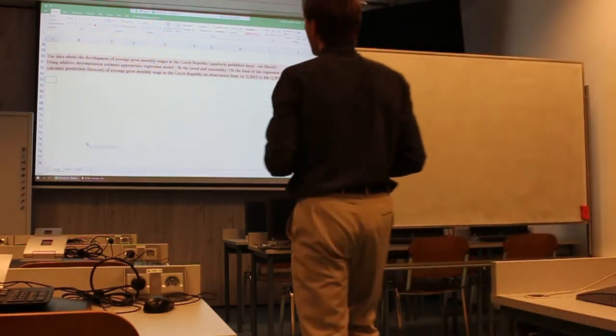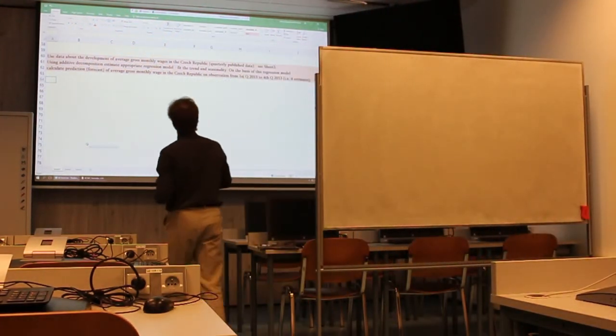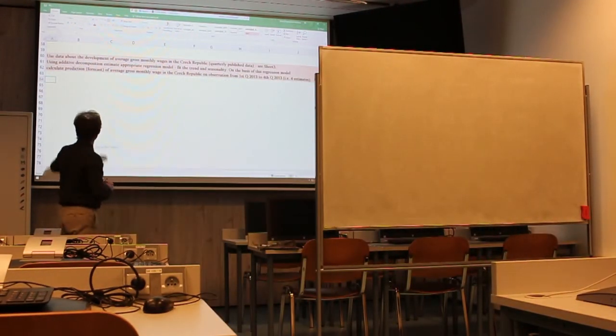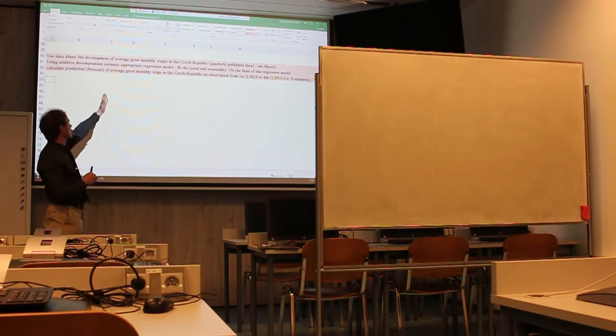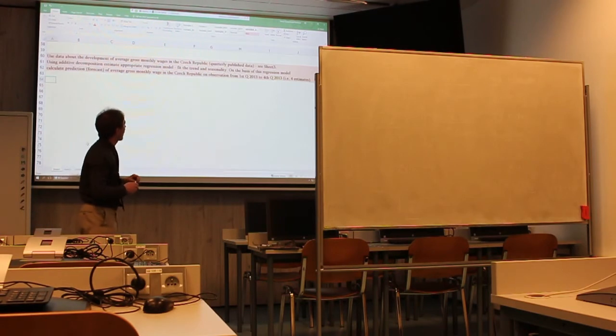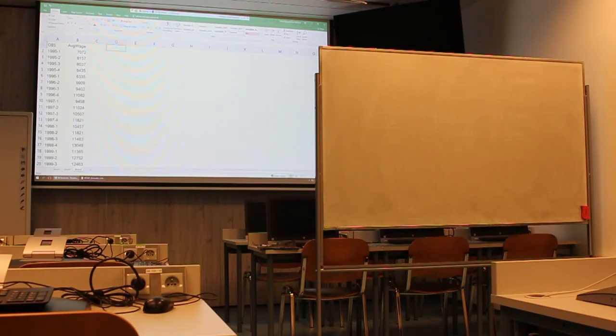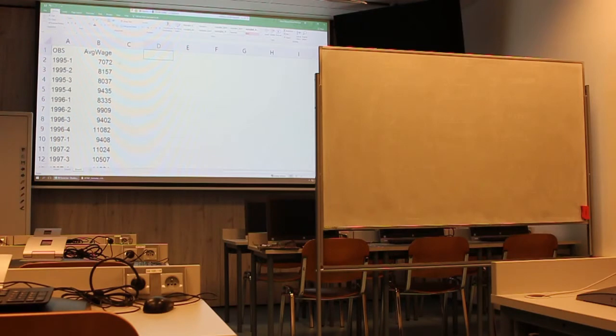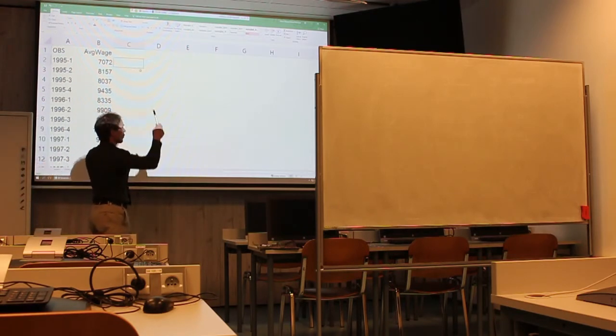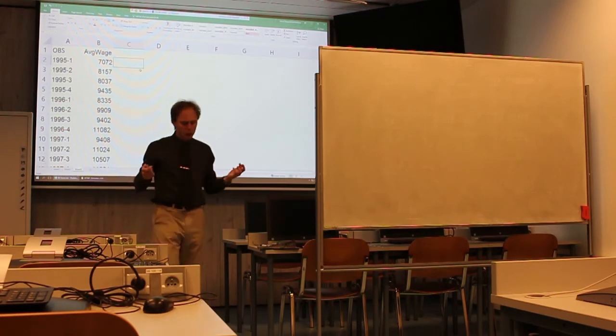Okay, and now a very complex example. We'll use data about the development of average gross monthly wages in the Czech Republic, quarterly data. You know this data set. We'll check sheet 3. From the previous seminar, you remember that I drew a figure for you about this development.